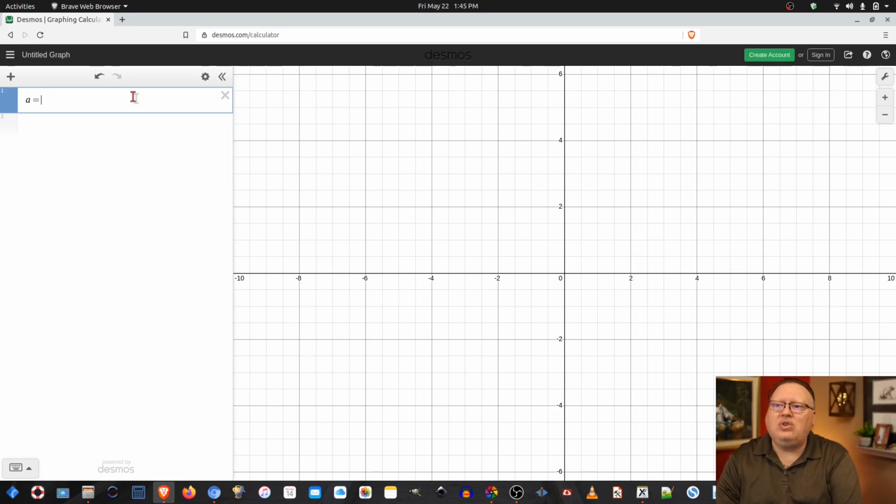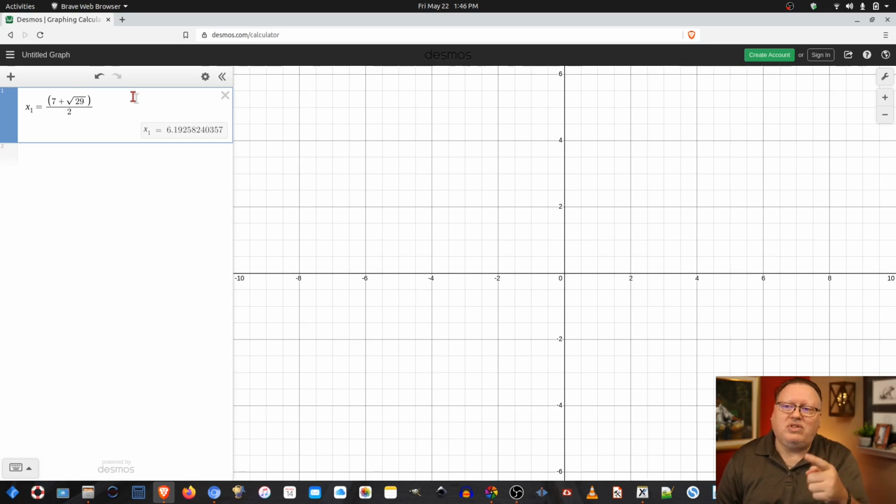So what I can do is I can say x sub 1 is equal to 7 plus SQRT will give us a square root of 29. And then all of that, which I'm going to have to put in parentheses. I forgot about that. Because if I divide by 2, it's not going to give me the right answer. So there's our first x sub 1.